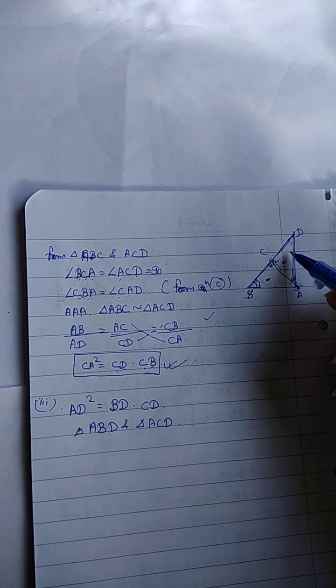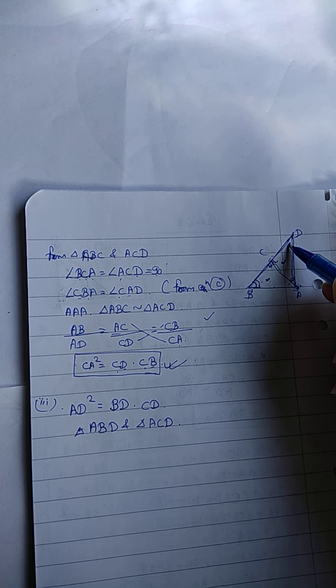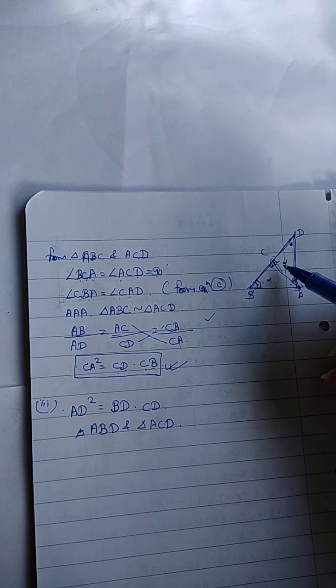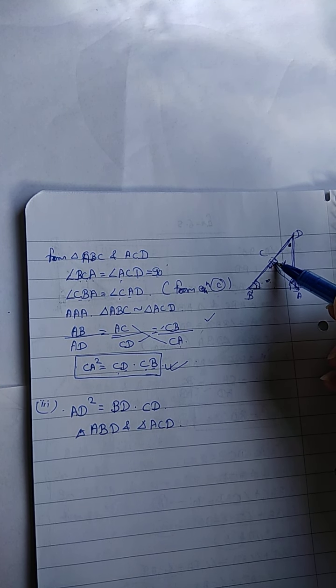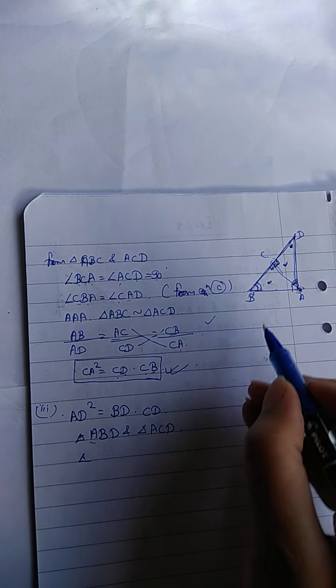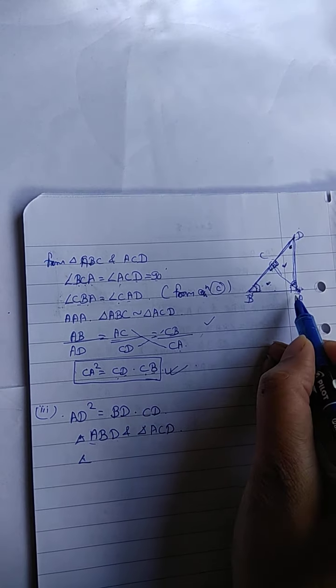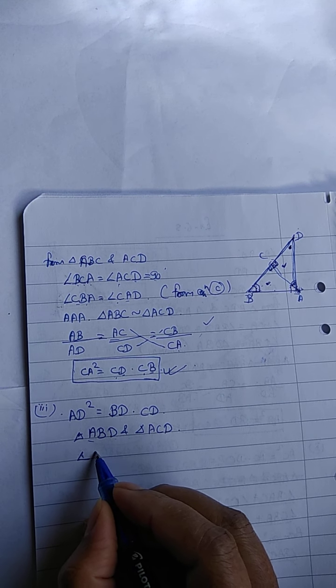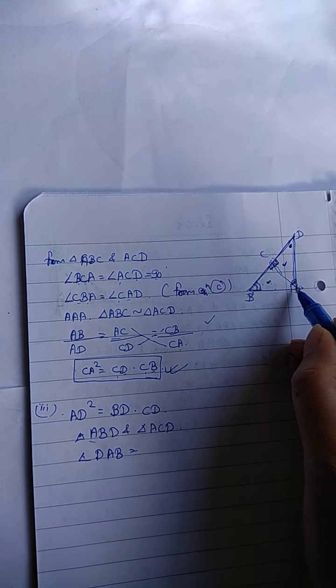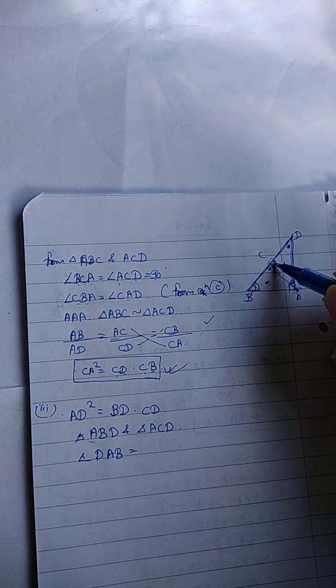So how will we make it similar? Since angle D is common in both the triangles, and in the big triangle one angle is 90 degree and in the small triangle this is 90 degree, right? So let's write one by one. In ABD, angle DAB is 90 degree, and in this small triangle angle ACD is 90 degree.